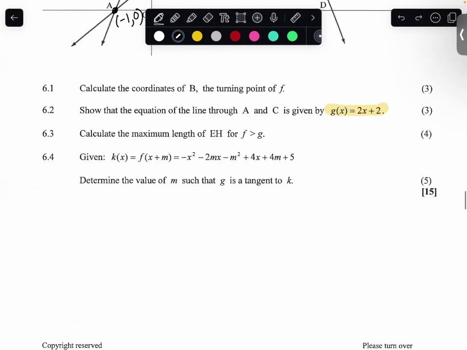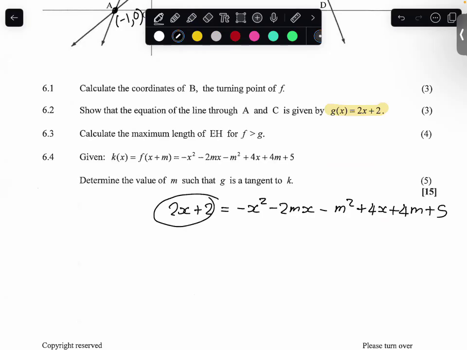So you're going to say 2x plus 2 must be equal to minus x squared minus 2mx minus m squared plus 4x plus 4m plus 5. So equate g of x to k of x, right? This is k of x, that's g of x.